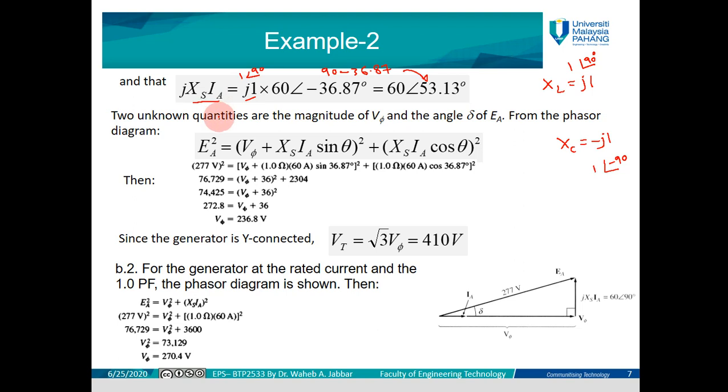In order to find the value of the phase current with the full load with power factor 0.8 lagging, we need to use this equation. We already highlighted this equation in the previous videos, so you can go back to the video of the phasor diagram and you will see it.